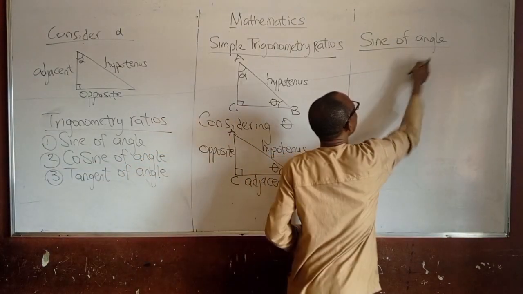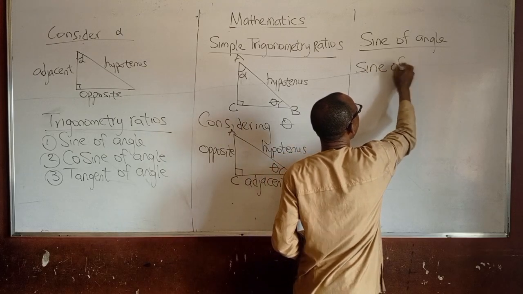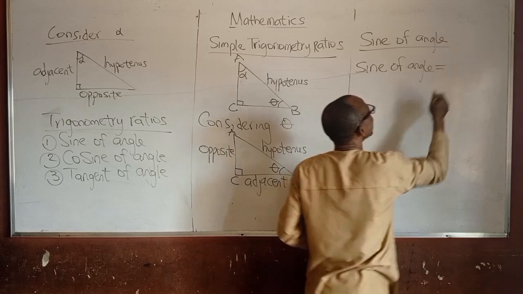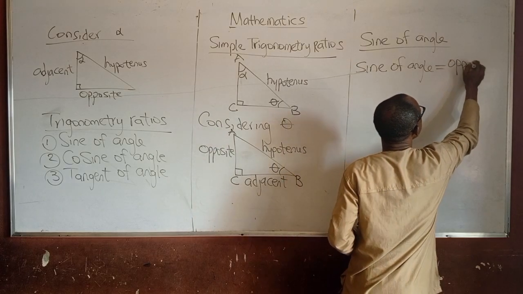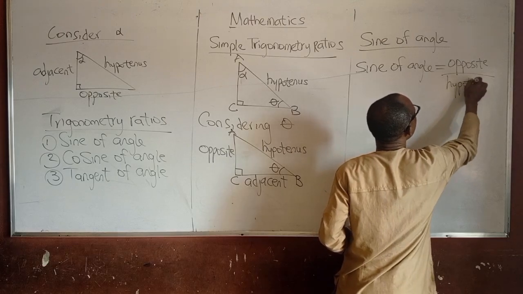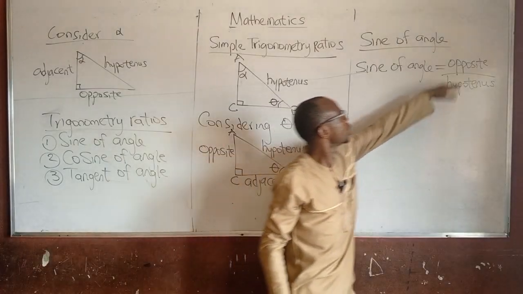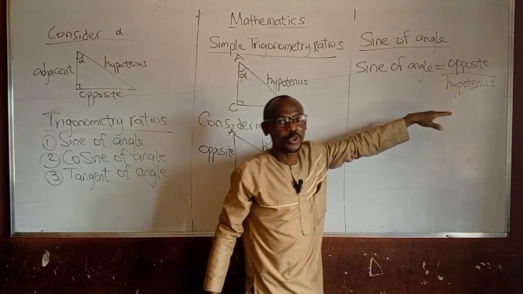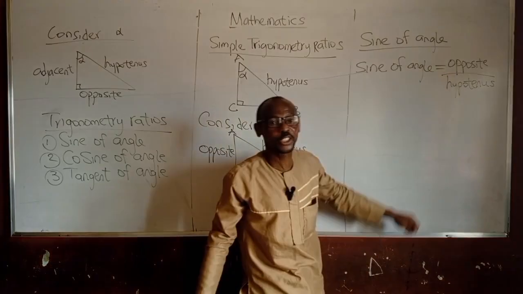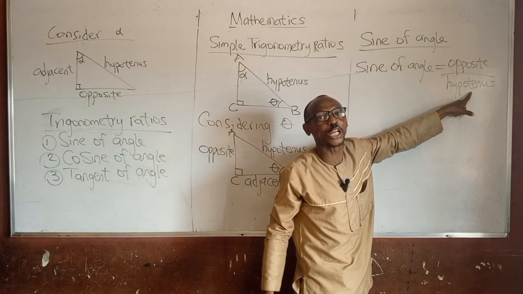Sine of angle is equal to opposite over hypotenuse. When we say ratio, it means divide. So the ratio of opposite to hypotenuse means the opposite side divided by the hypotenuse side.